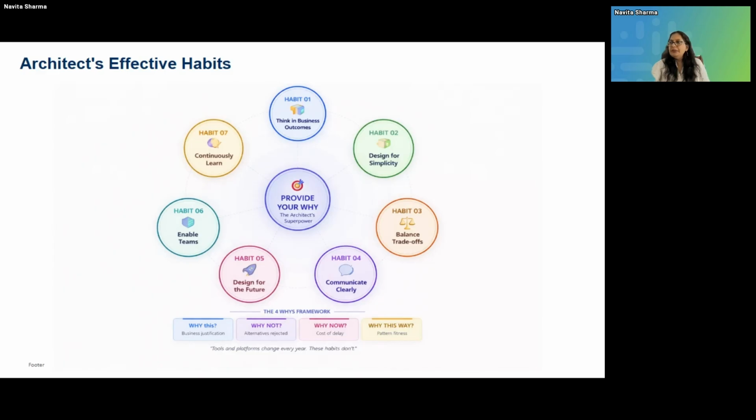Second is design for simplicity, which is very important, because as an architect, you are not expected to give a complex solution which increases timeline, increases cost, increases maintainability. You are an architect because everyone wants you to help make things simplified, and that is the key. And this simplification is important in terms of thinking also.